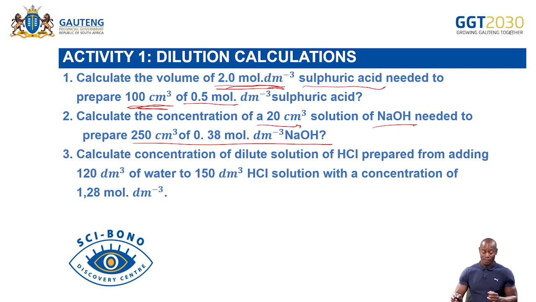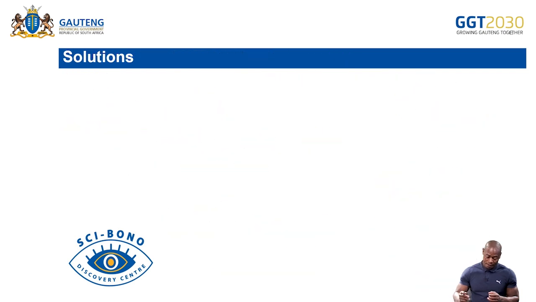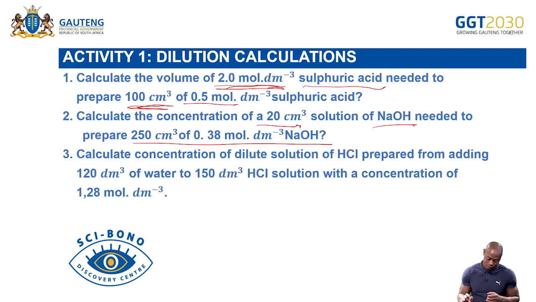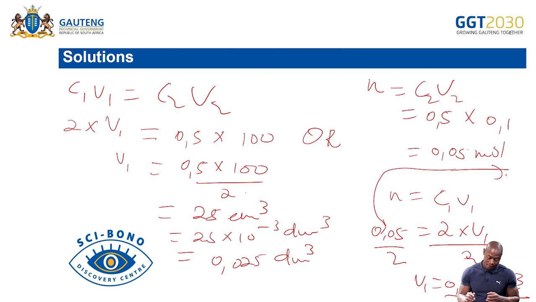So now let's calculate the concentration of sodium hydroxide before dilution. It's going to be C1 V1 equals C2 V2. The concentration is what we're looking for. What was the volume? 20, right? Let me double check. Yes, it is 20.